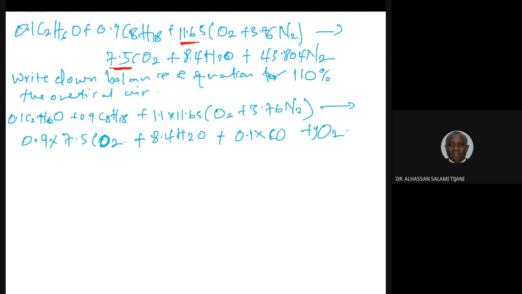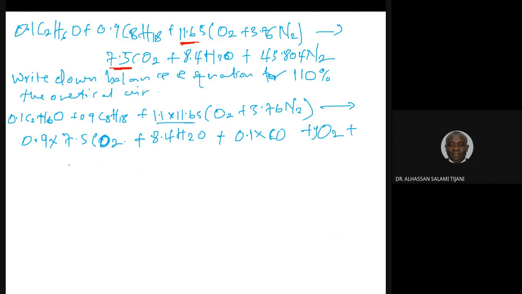All right, then plus again the number of moles for nitrogen. So in the nitrogen case we have 11.65 times 3.76, times 1.1, or in other words, the whole of this.